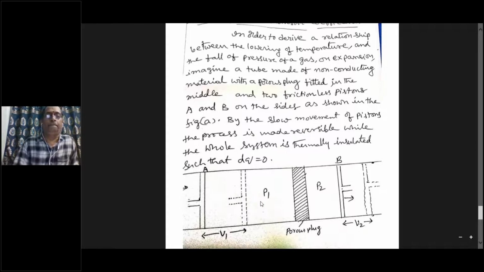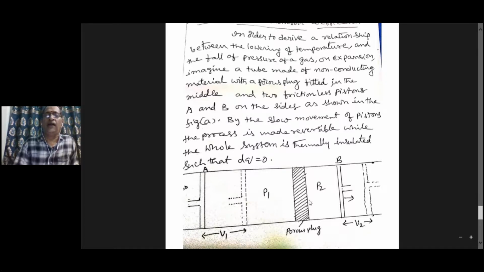The gas will be subjected to compression. We will move the piston through a volume of V1 very slowly, and then there is no change in the pressure or temperature of the gas.